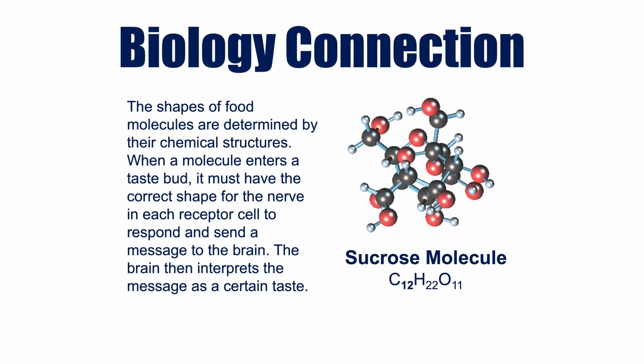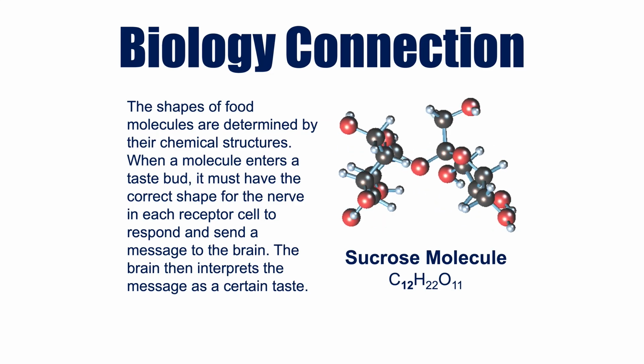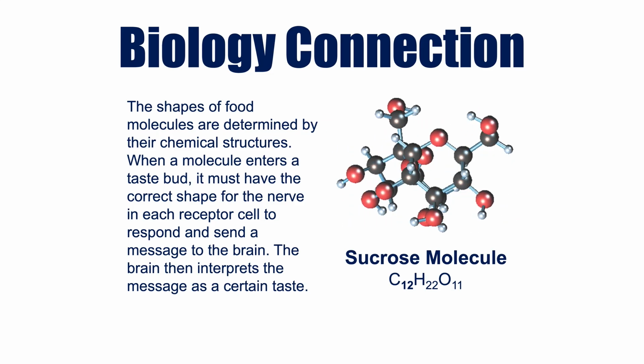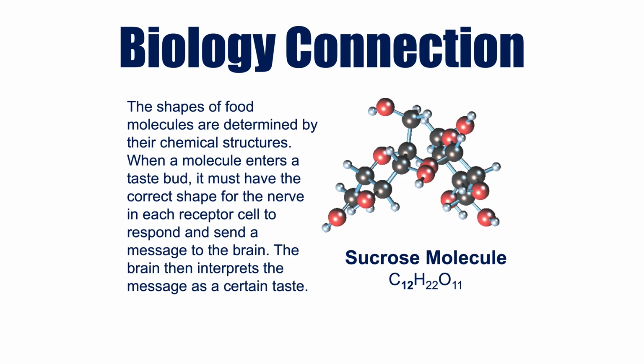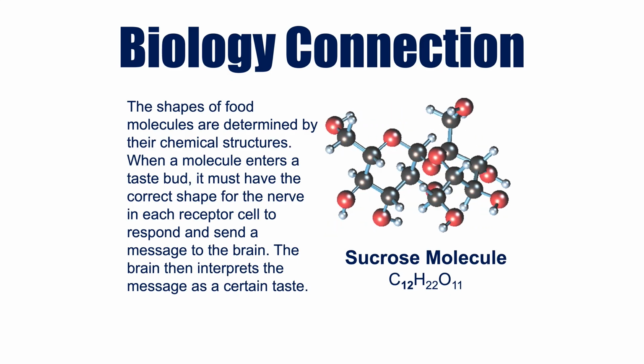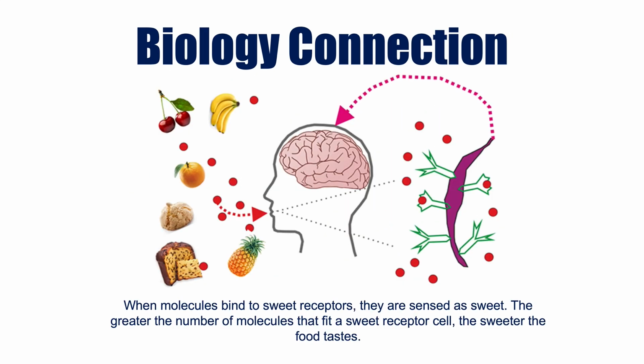For example, with sucrose, your sugar, your taste buds can perceive that what you're eating is sweet based off of the three-dimensional structure of that molecule. Your taste bud is able to send a message to your brain telling you that you're eating something sweet because of that three-dimensional structure of the molecule.